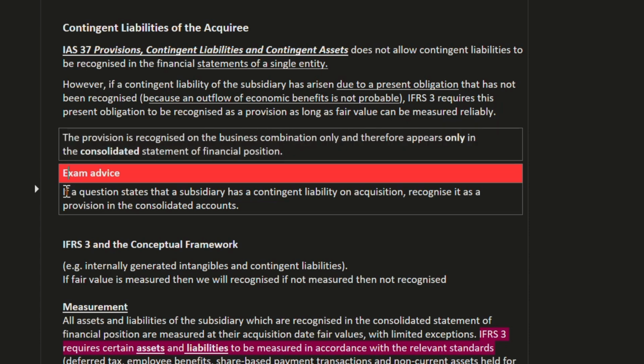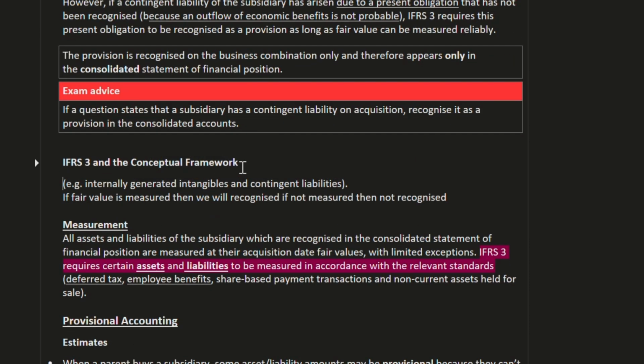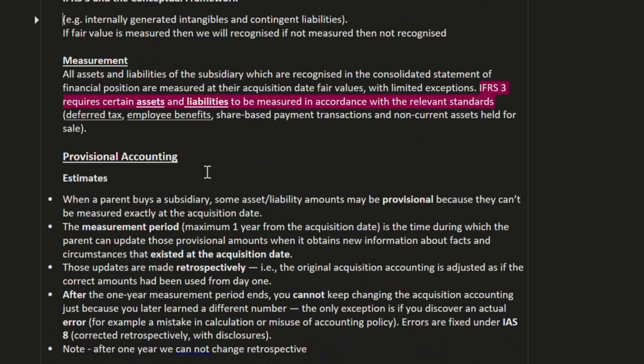Now, exam advice: if a question states that a subsidiary has a contingent liability on acquisition, recognize it as a provision in the consolidated accounts. IFRS 3 and the Conceptual Framework, for example internally generated intangibles and contingent liabilities: if fair value is measured, then we recognize; if not measured, then not recognized.